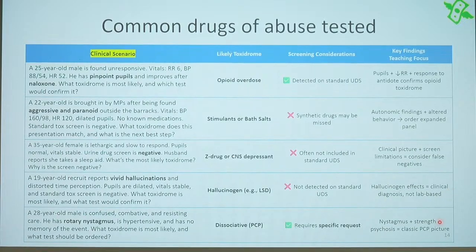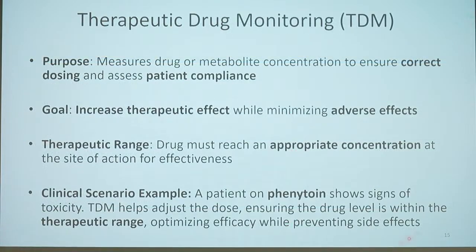No, all right. So now we're gonna shift gears to talk about therapeutic monitoring, the characteristics, why we do it, and some examples of how they impact general principles of pharmacology.